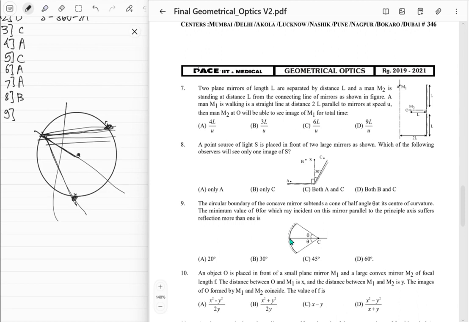Instead of just talking about the rays, we can just talk about the points themselves, right? So this point must lie on this arc, right?